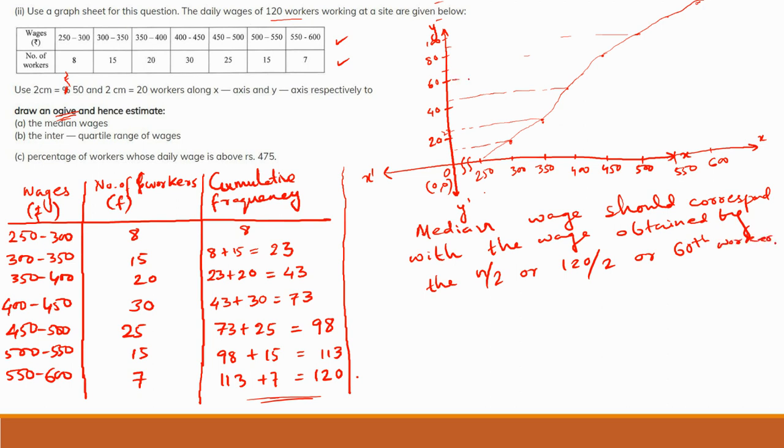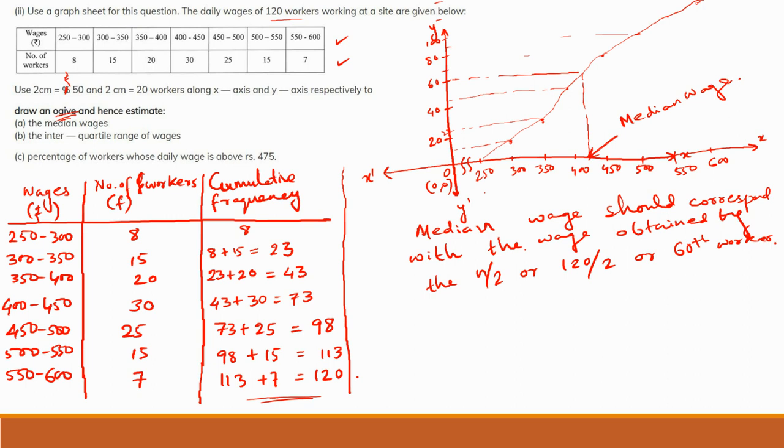So this 60th worker is receiving a wage somewhere here, like around 425, 420 to 430, somewhere you will find in the graph. So this is the median wage.